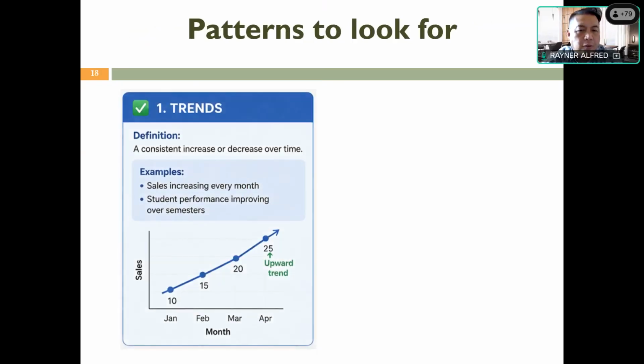Okay. So for instance, we can plot the trending here. So we can see the pattern whether it increases or decreases or stabilizes. Okay. This is the trend.